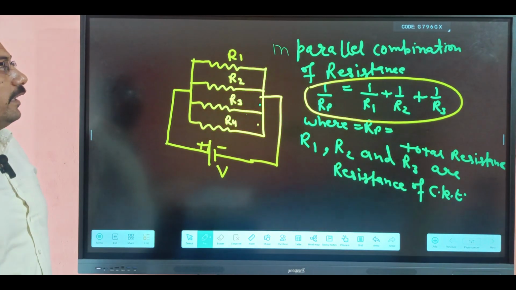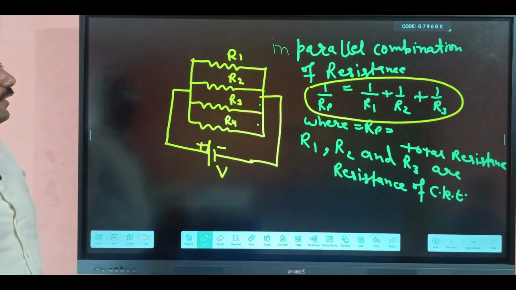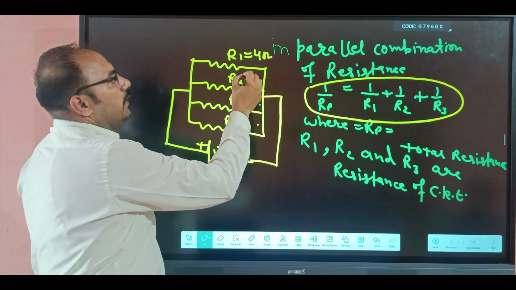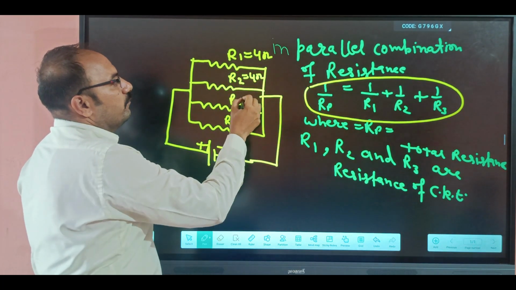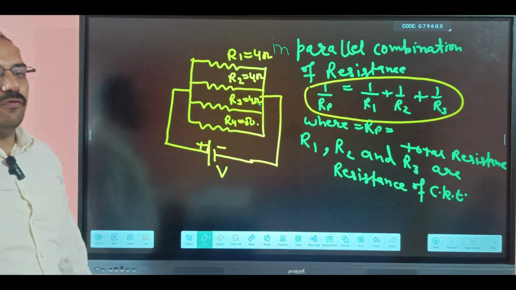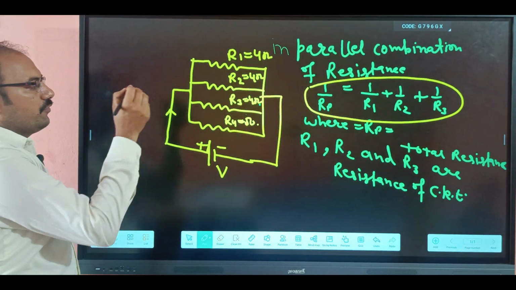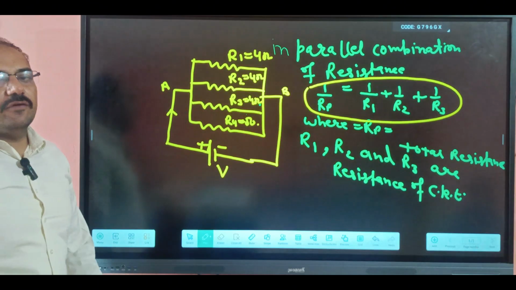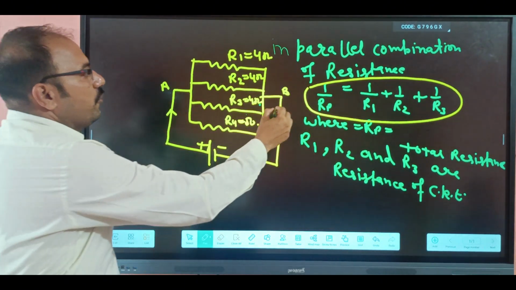For example, each is 4 ohm. Find the total resistance of the circuit between points A and B, using this formula.